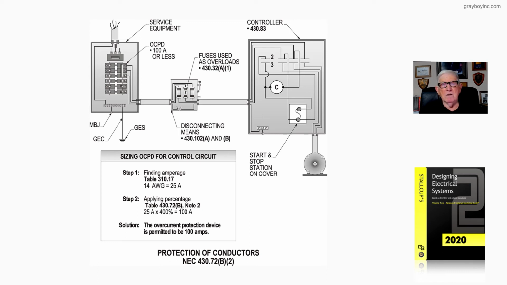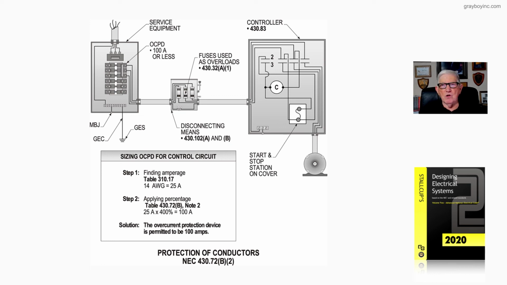And notice, for number 14 wire, we have not exceeded the 100 amp overcurrent device at 400% of the conductor of number 14. So we could tap inside this controller on the line side with our control circuit to our stop and start buttons that connect to auxiliary contacts 2 and 3.